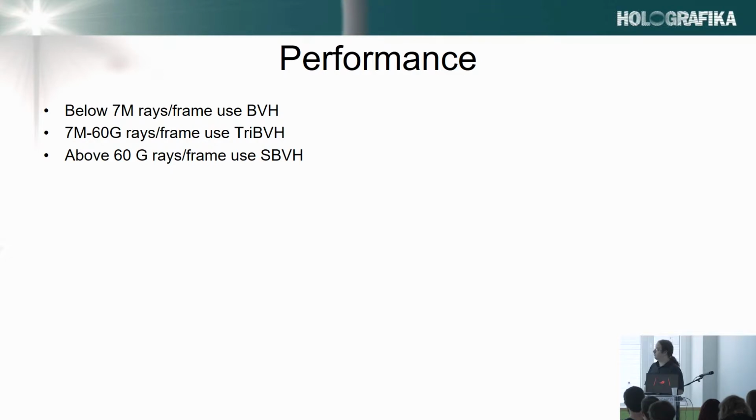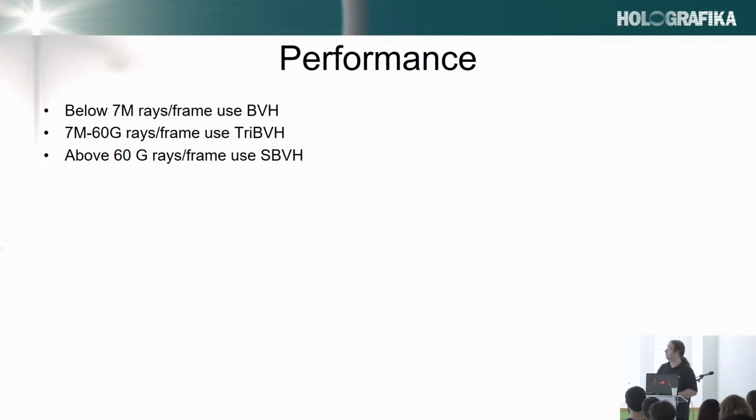Okay, so what do we need to use when we are below 7 million rays per frame? Then it's best to use BVH because it builds fast and there are no duplicate triangles in the acceleration structure, and this behaves the best.